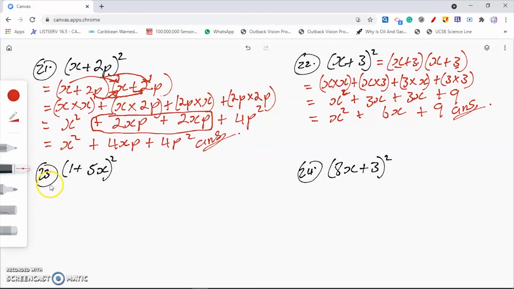Good. Number 23, we have 1 plus 5x all squared. That's the same as 1 plus 5x times 1 plus 5x.